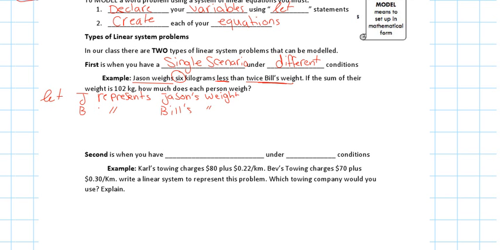Okay? Are my statements clear? Good. Now, if I read the first sentence again, I read this. Jason's weighs 6 kilograms less than twice of Bill's weight. 100 divided to 2 minus 6.